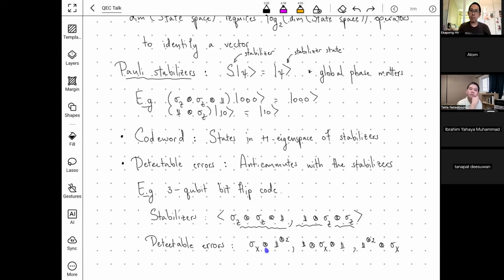Can I ask you to show more stabilizers in this class? The only one I can think of that is not here is sigma z tensor identity tensor sigma z. Yeah, that one is also in this class. We only have 3 stabilizers, because when you multiply these two, you just get the other one, and there are no more.